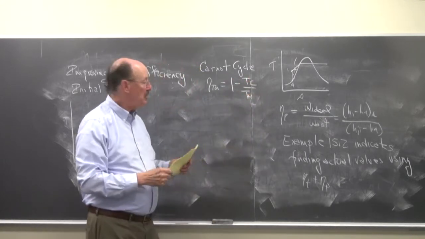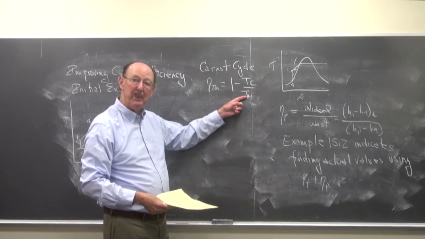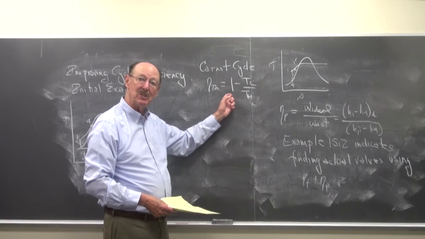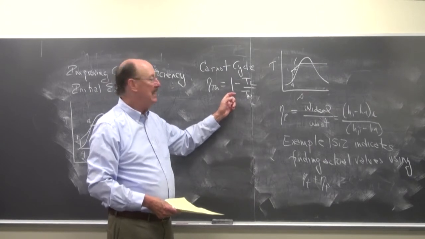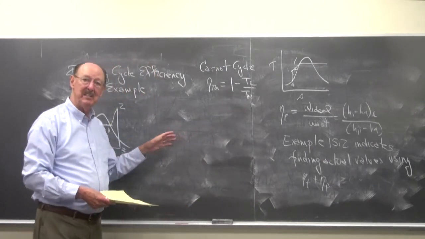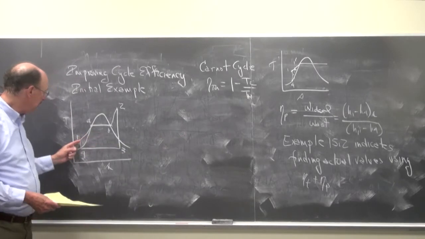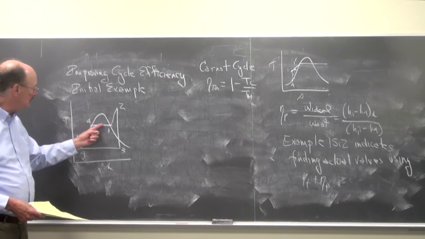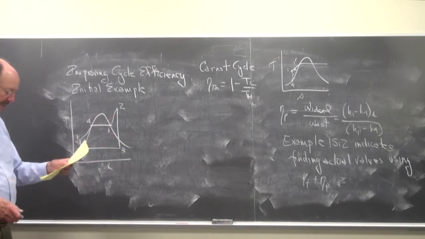Well, this Th, if I can make this number bigger, then this becomes smaller and the efficiency goes up. So one of the ways we do this is to raise the average temperature of heat addition. So what I want to do is find out how much heat is added here, how much is added here, how much is added there, and we'll see what that is.